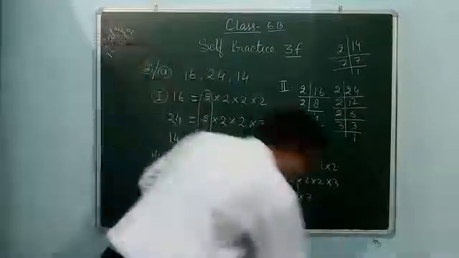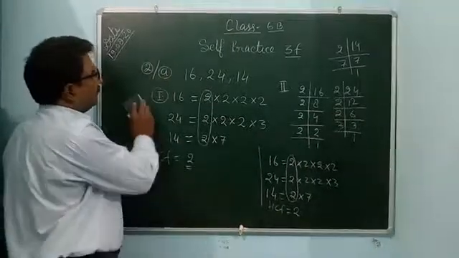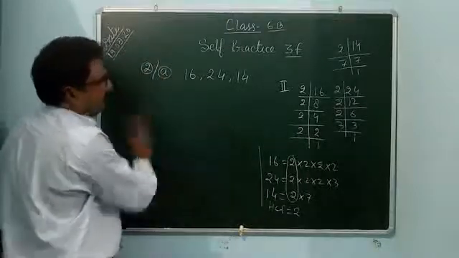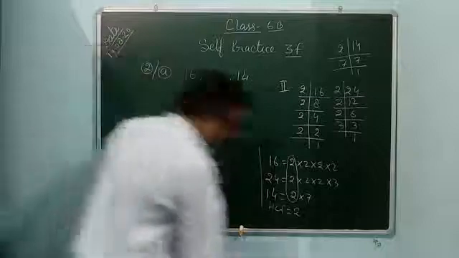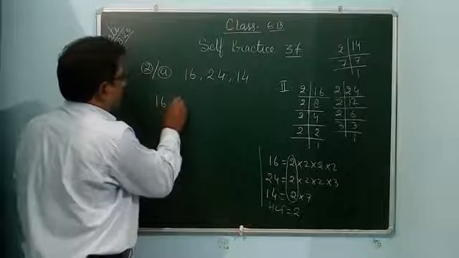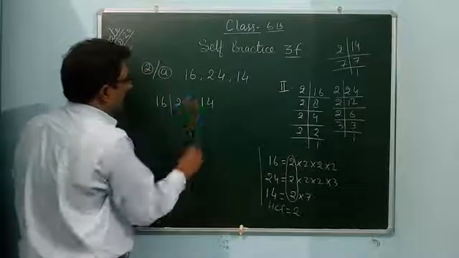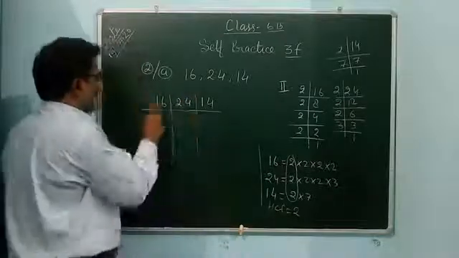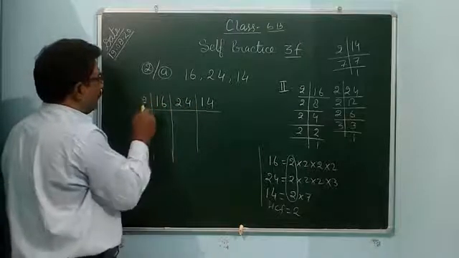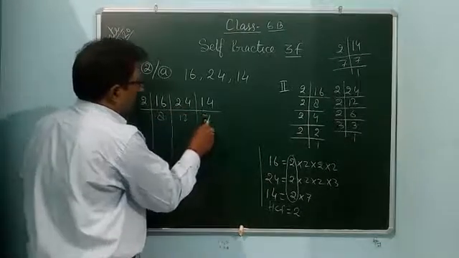If you want to find it commonly, how can you do it? Using common prime divisors. For 16, 24 and 14, taking the common divisor, by 2 all three numbers are divisible: 2 times 8 is 16, 2 times 12 is 24, 2 times 7 is 14.